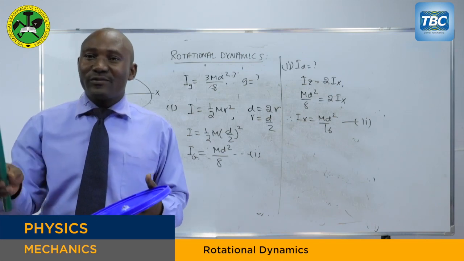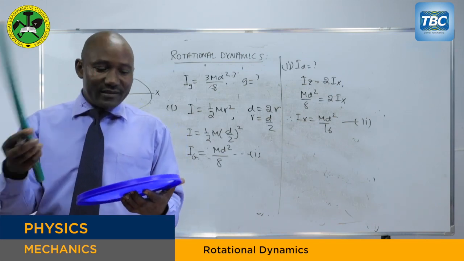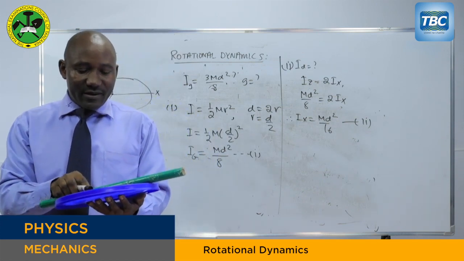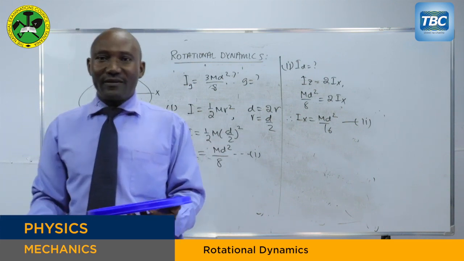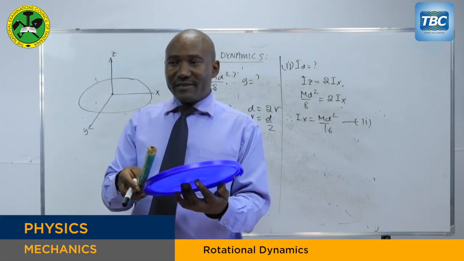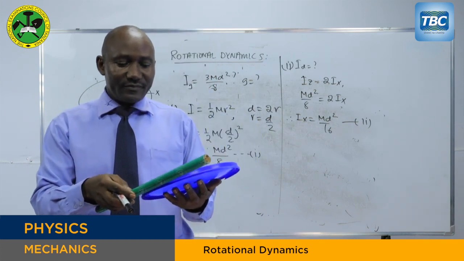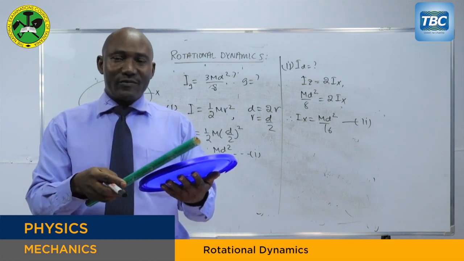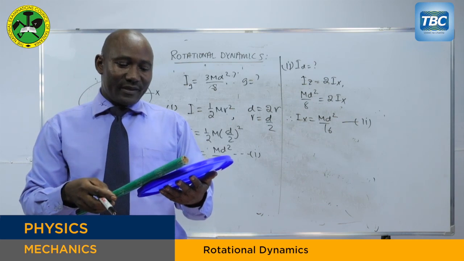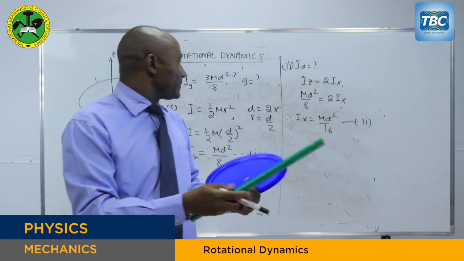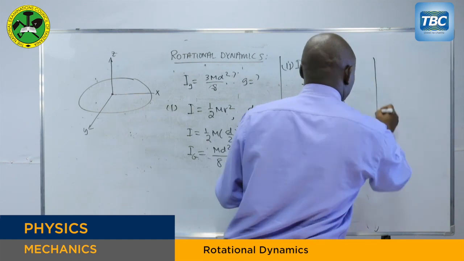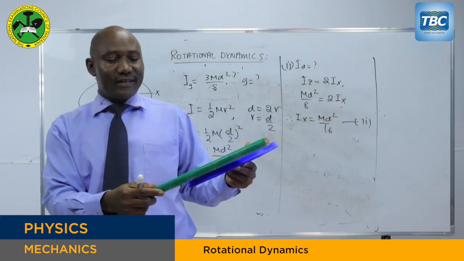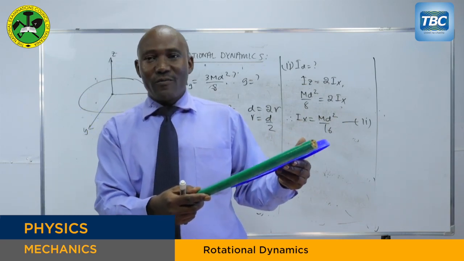Very challenging question. We're supposed to keep on moving, looking for another alternative. We have tried the axis through the diameter and failed, and the center, we have failed. Let's suppose it's passing through the circumference, but this time parallel to the plane, like that. If it's passing through the circumference of the disk but parallel, which theorem do we apply?